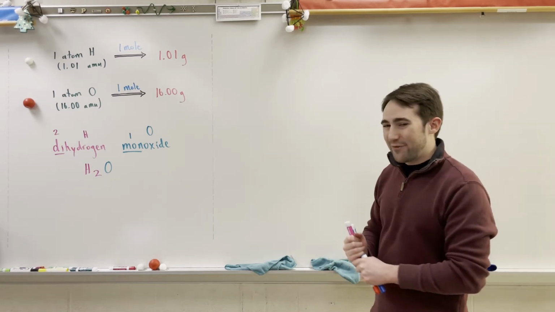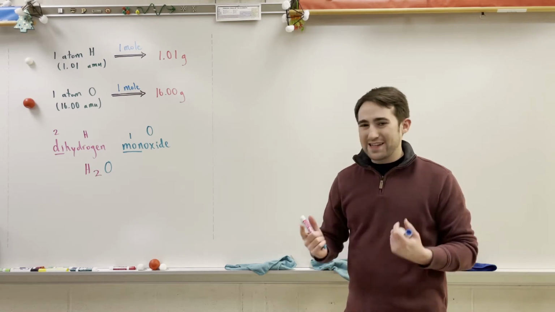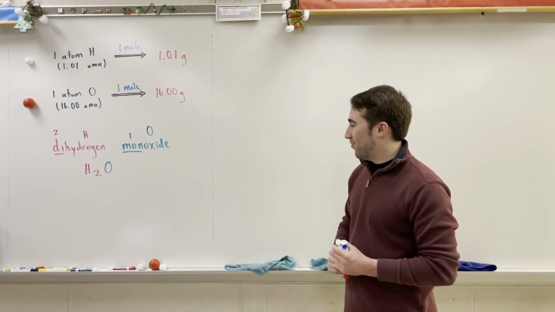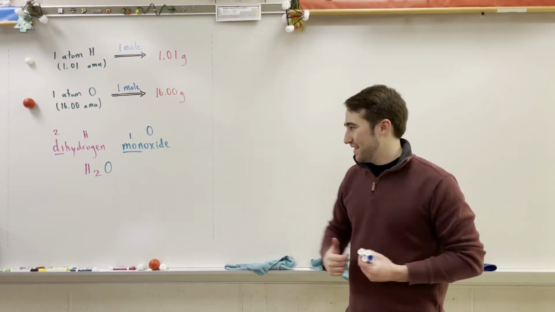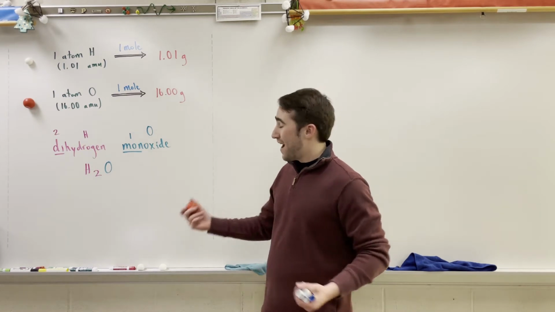Okay? Fancy way of naming it, kind of technical way. So if I wanted to figure out the molar mass of dihydrogen monoxide, of water, I would just need to add up the molar mass of all the atoms involved in this. Okay? Just like how I could add up the atomic masses of these things.